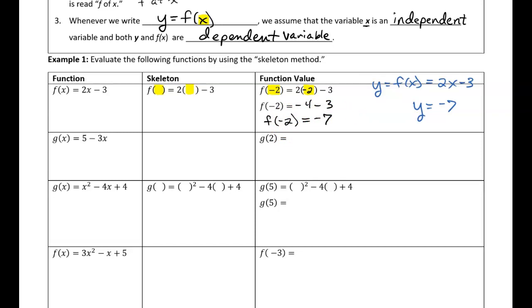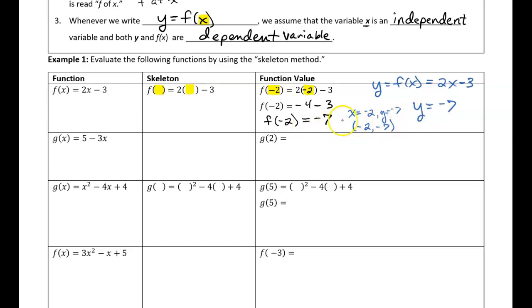In fact, if I wanted to, right, I could even write this out in a few other ways. I could say, well, the x value is negative 2, the y value is negative 7, right? Separately like that. Then we could see the relationship there. If I'm thinking about a graph, an ordered pair, x is negative 2, y is negative 7.